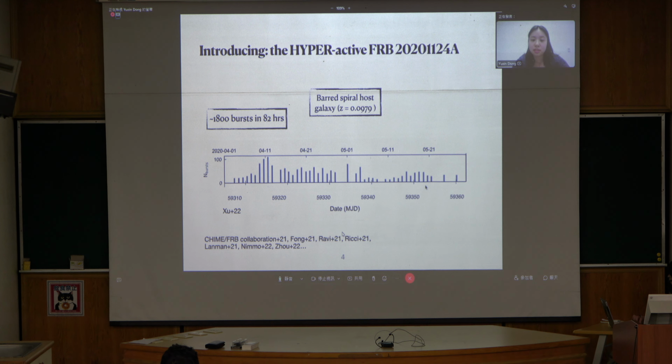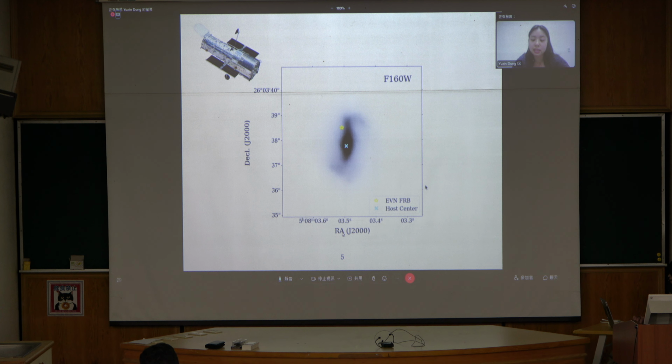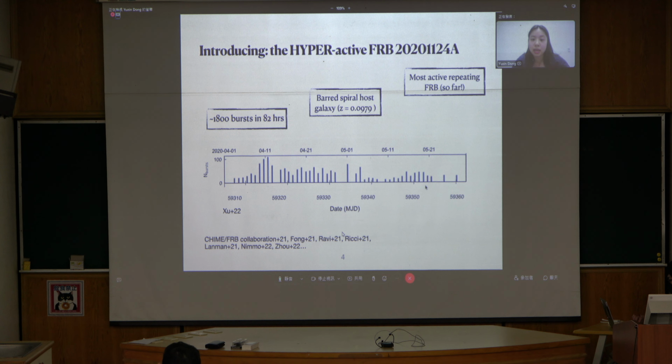And it lives in this barred spiral host galaxy that's relatively nearby at a redshift of about 0.1. As far as we know, it's the most active FRB, which has garnered a lot of interest from the community as to what is causing such hyper extreme activity from this FRB.